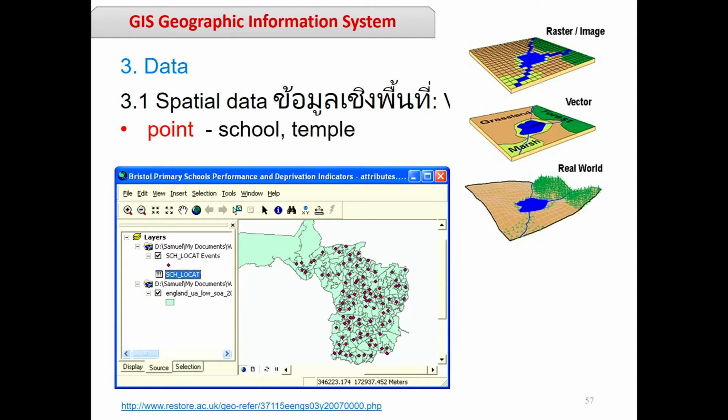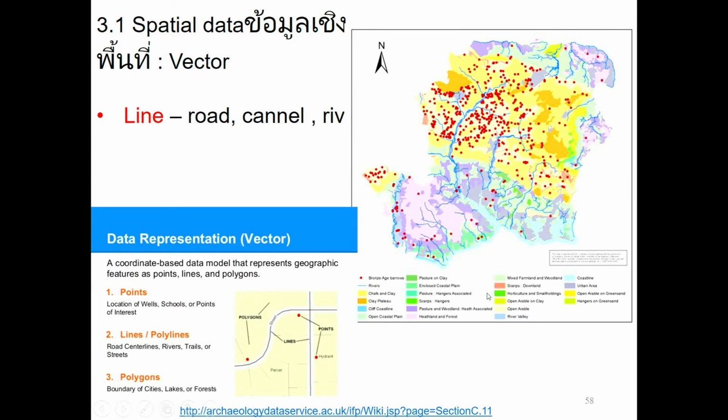In this software, the red points show the school locations. In the case of the line, of course, it would be a road, canal, river, or street. This is shown as a line.